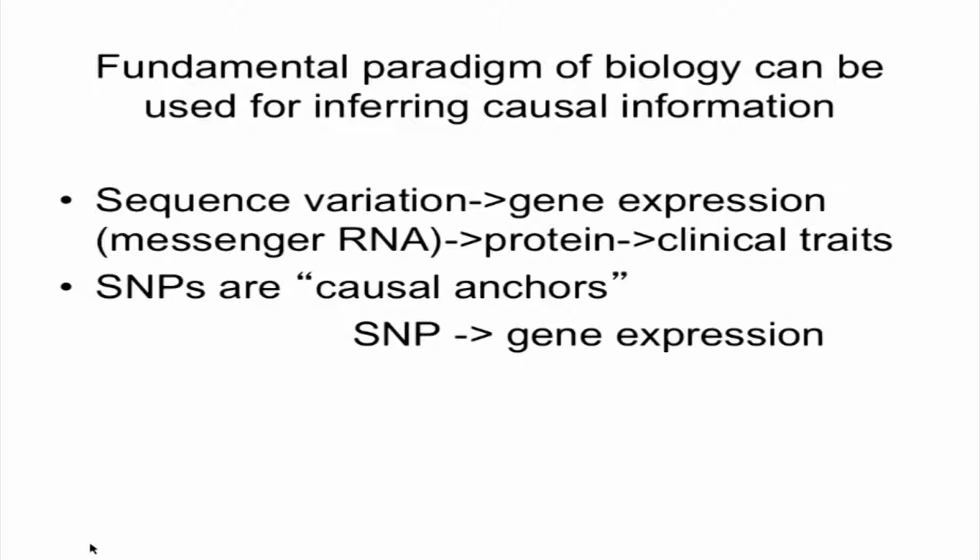So the SNPs can be interpreted as causal anchors of the analysis. If you find a significant correlation between a SNP and a gene expression value, it's not the transcript that changes the SNP. It has to be that the SNP variation affects the gene expression. So this is a causal anchor, therefore one direction.